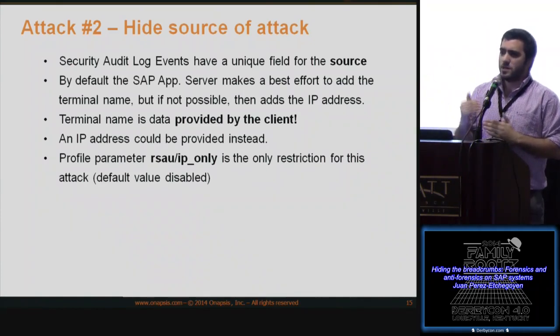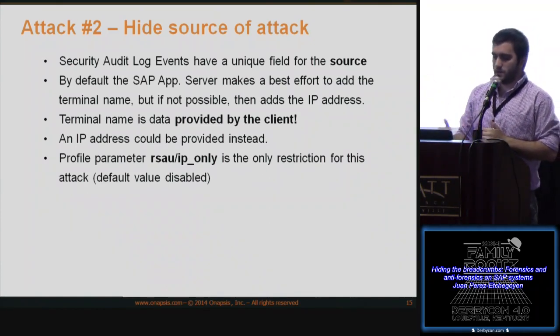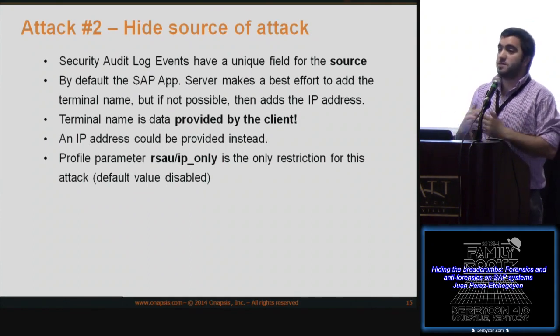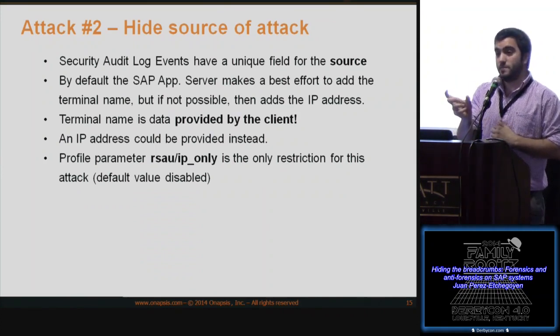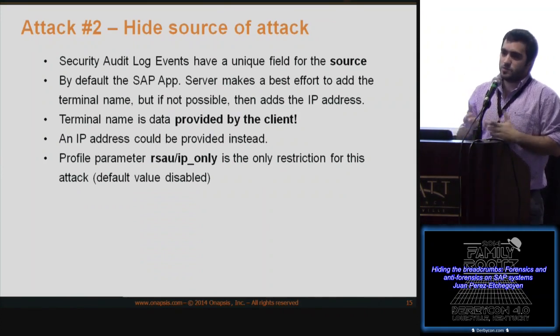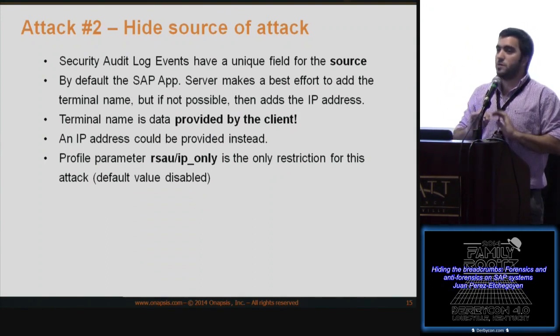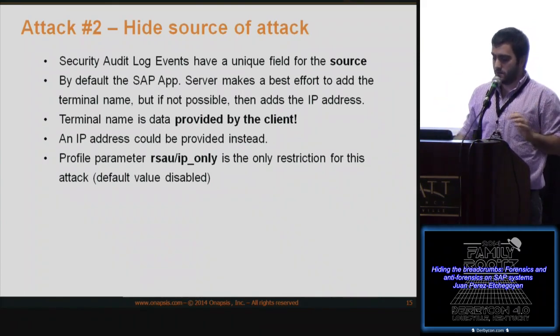So what is actually being saved in that field? Well, it depends. The application server is doing a best effort, so it's putting the terminal name, and if there is no way to put the terminal name, it's putting the IP address. So we don't know if this is actually a terminal name or an IP address. The application server is going to decide.